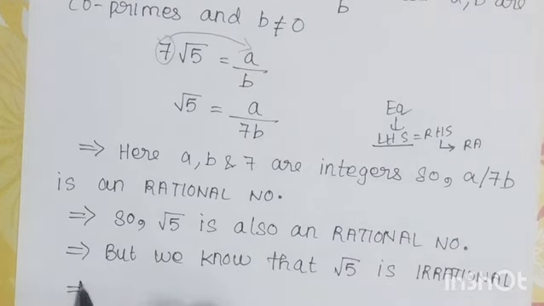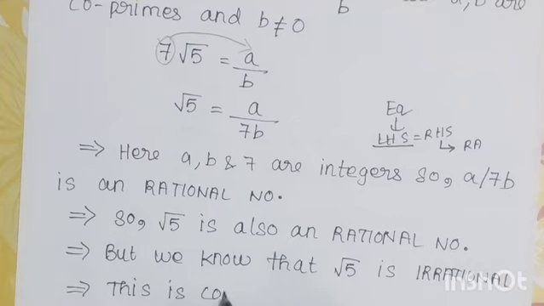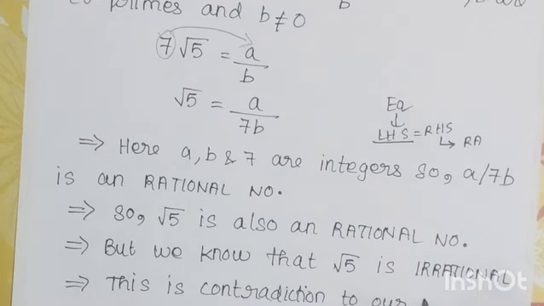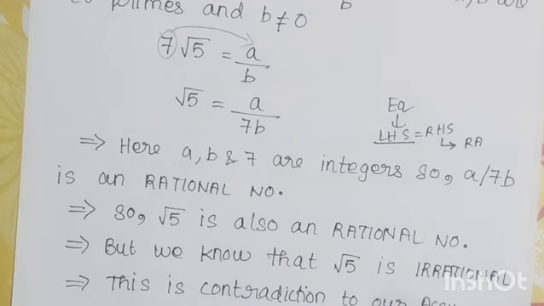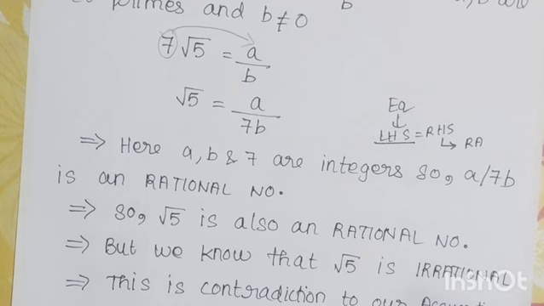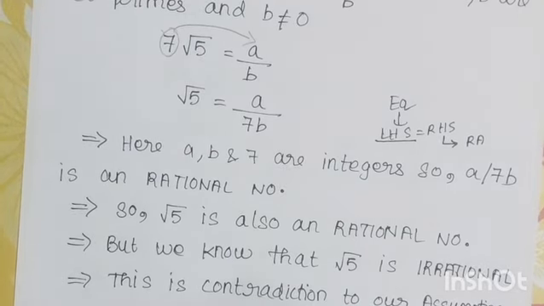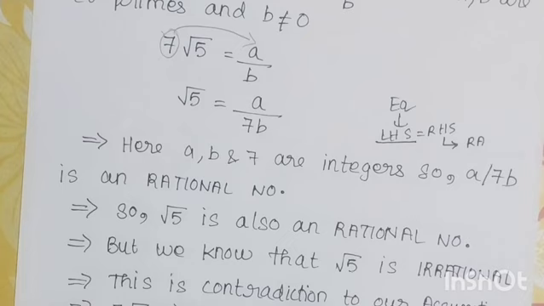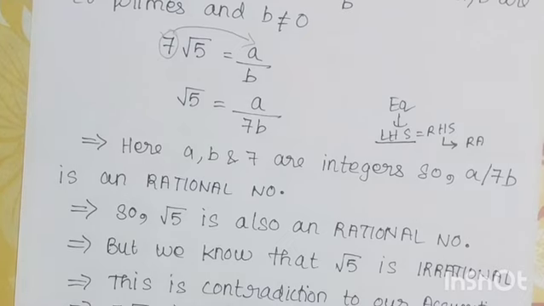So I can write, this is a contradiction to our assumption, where 7 root 5 is an irrational number.